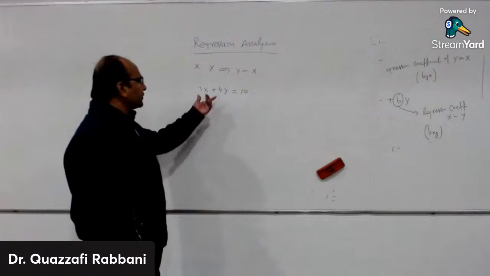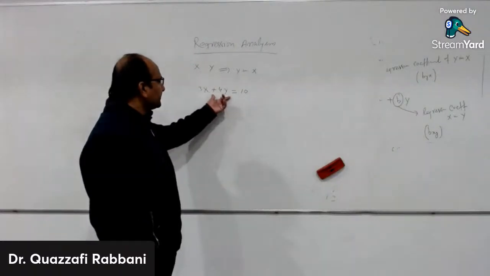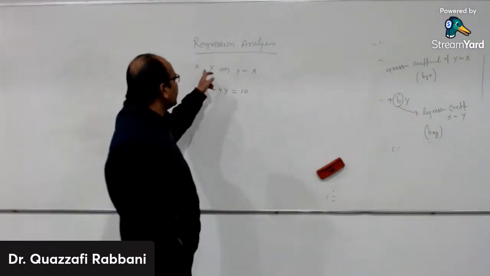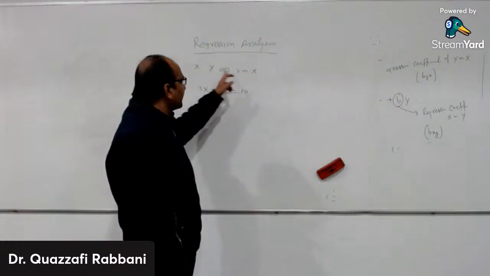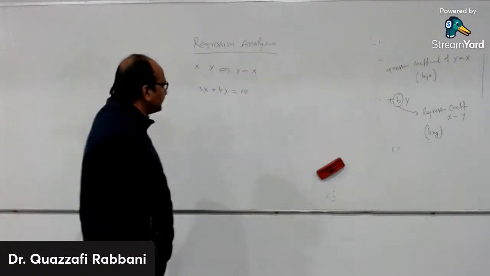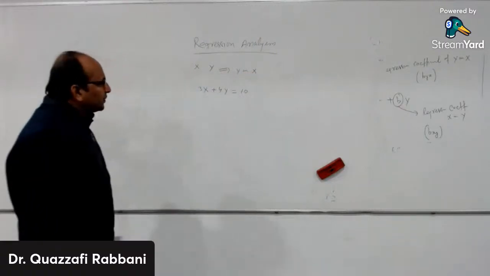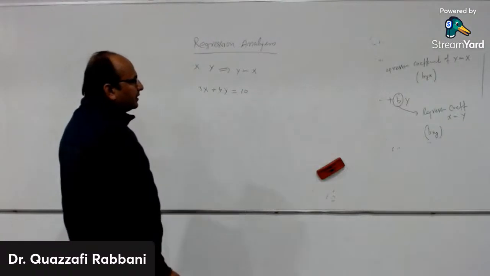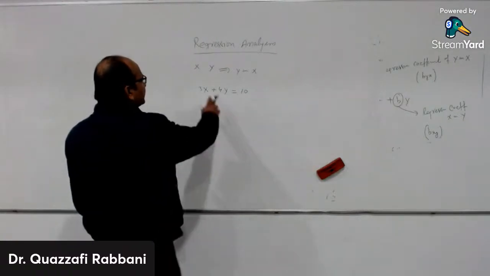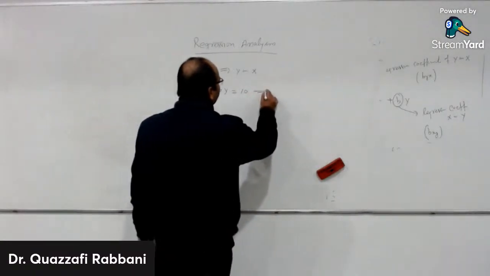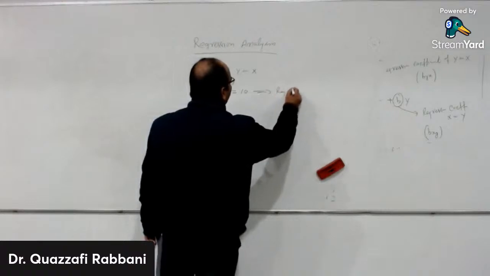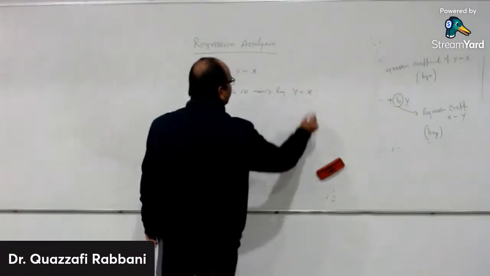Y is the dependent variable and x is the independent variable. So we can obtain the regression coefficient, because this is the regression line y on x.